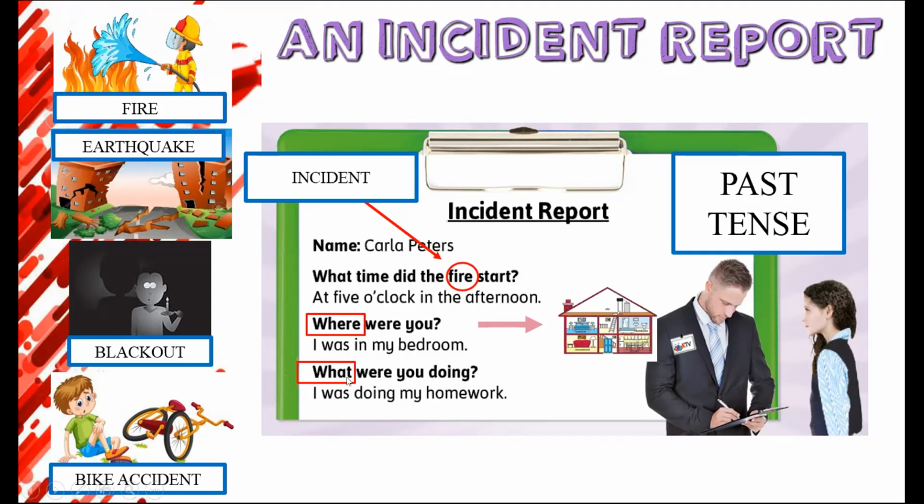Second question, what were you doing? What activity were you doing? This is in past, remember, past tense. I was doing my homework. I was riding my bike. You see? What were you doing when the blackout happened? Or when the bike accident? Or when the earthquake happened? Okay? With these 4 questions you have in your format.